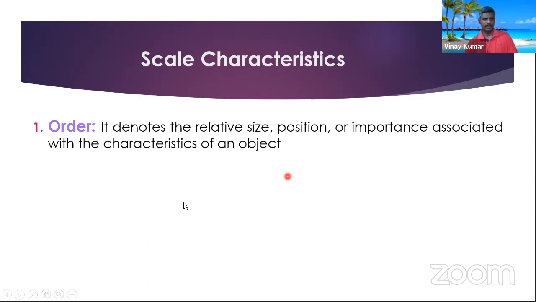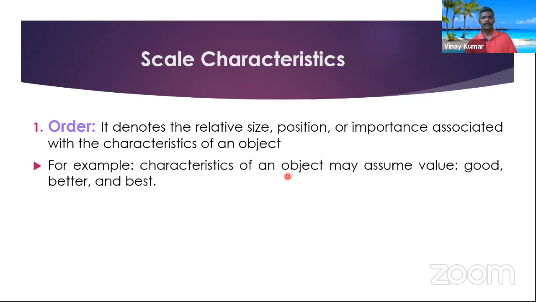The first is order. Order here means the scale that the researcher is selecting denotes the relative size, position, or importance associated with the characteristics of an object. The researcher has to make sure that this feature is fulfilled in the scale he is selecting to measure.